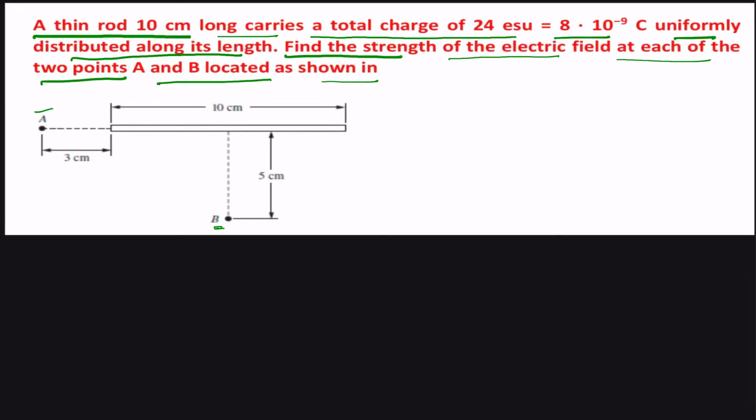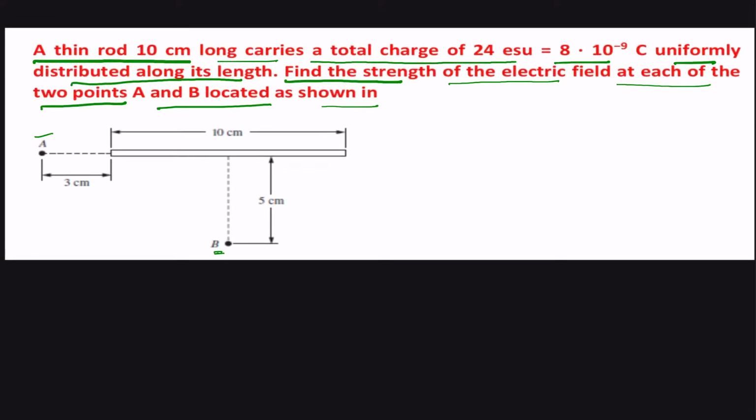So let us call this one end x is equal to 0, and let us assume that L is the total length of the rod. Then the other end will be called x is equal to L.